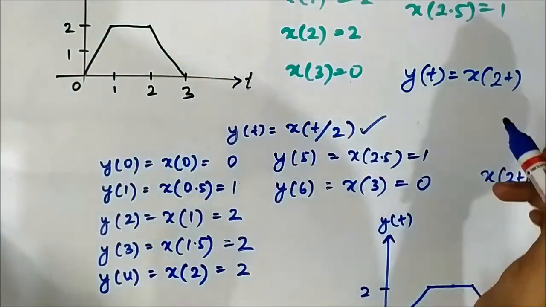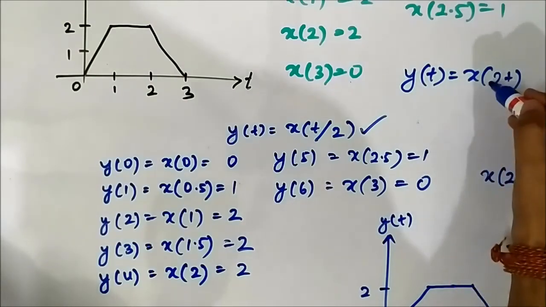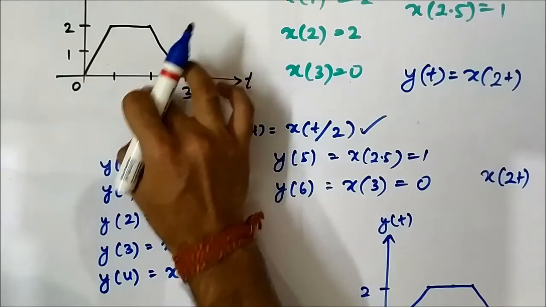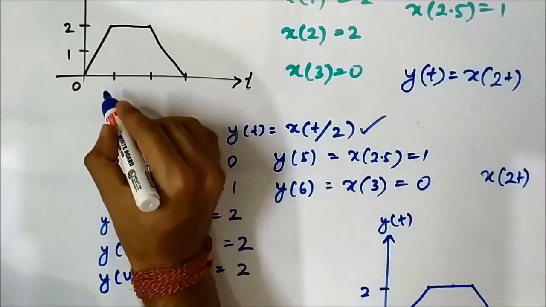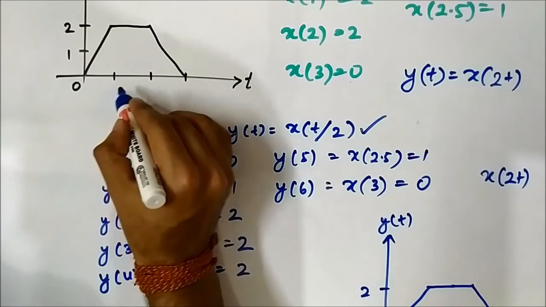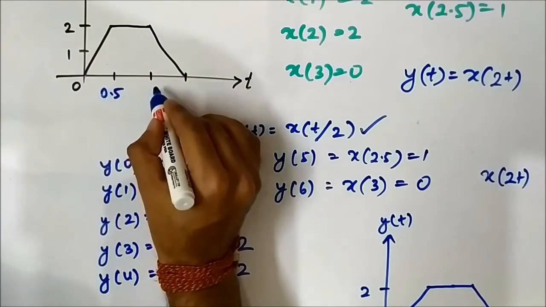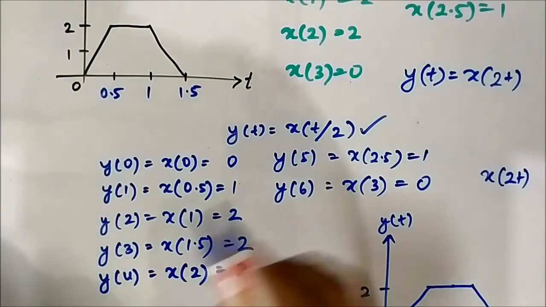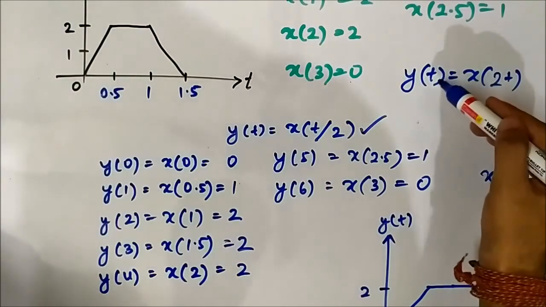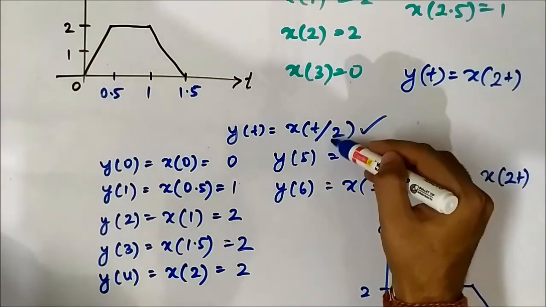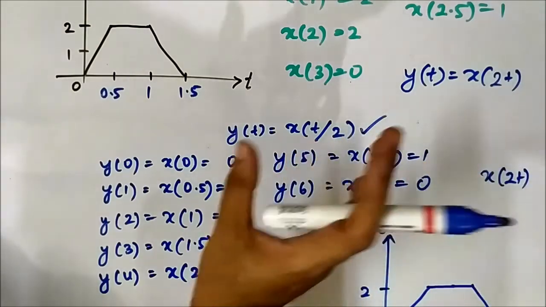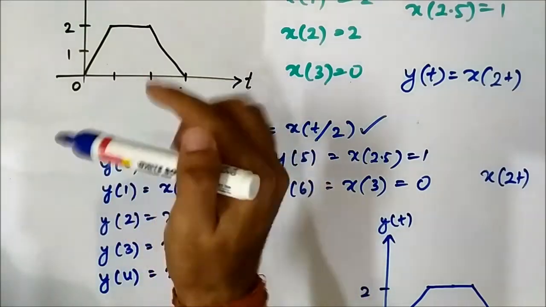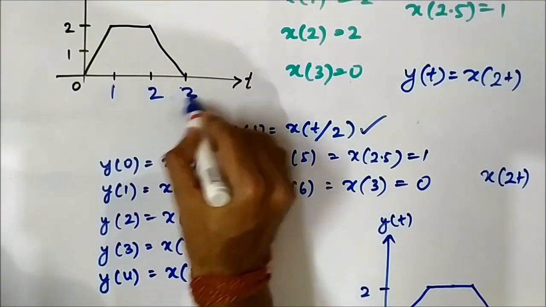Suppose I have to do yt equals x2t. So I will just replace these with their halves: 0, here 0.5, here 1, here 1.5. If here I have to do x t by 2, I will multiply them by 2. Here it was originally 0, 1, 2, 3.